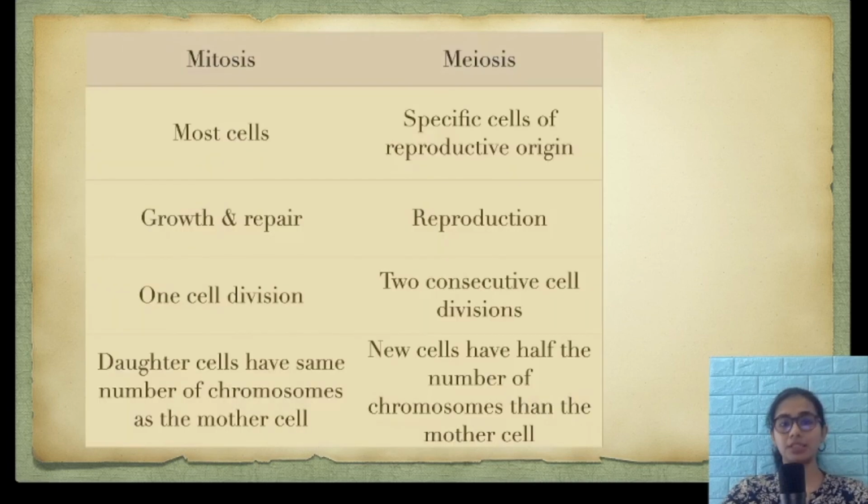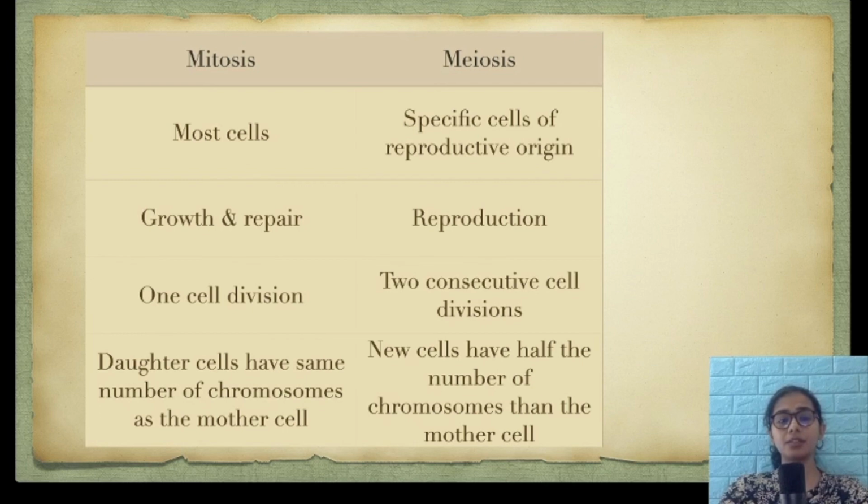So let's just compare mitosis and meiosis. It's the same thing that we learned. We're just putting it into order. Mitosis happens in most cells, and meiosis happens only in specific cells of reproductive origin. The function of mitosis is mainly growth and repair, whereas meiosis is only reproduction. Its role is only in reproduction, that is the formation of gametes.